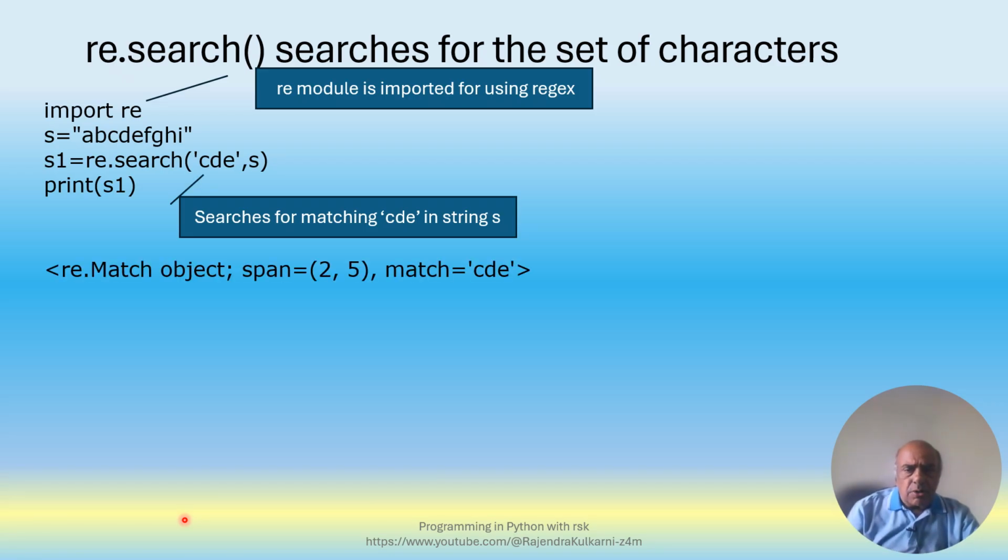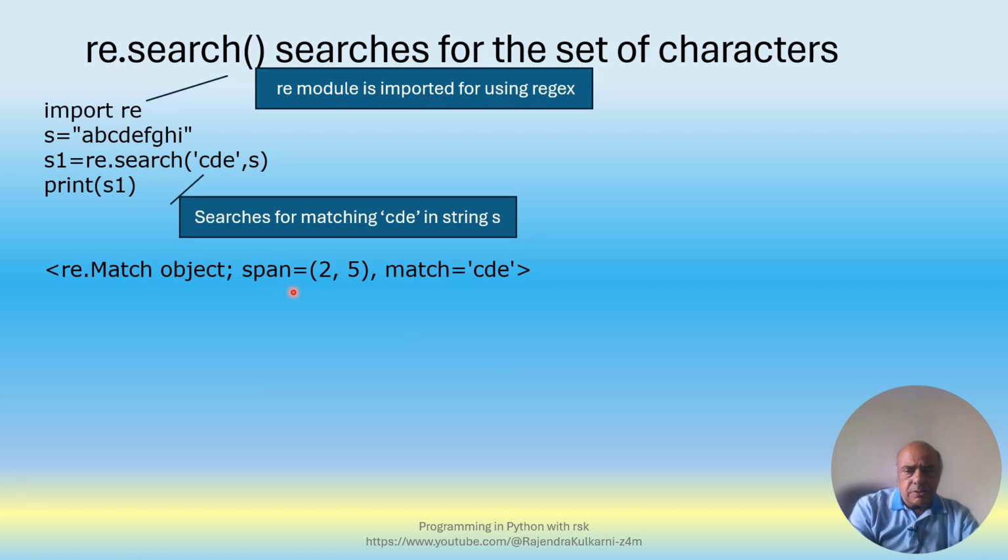The result obtained after executing the program is a match object, span is equal to (2, 5), and match is 'cde'. So this substring cde has been matched and extracted by the re.search method.